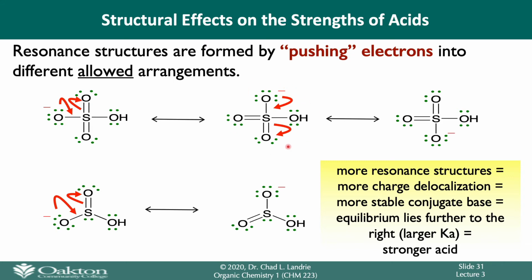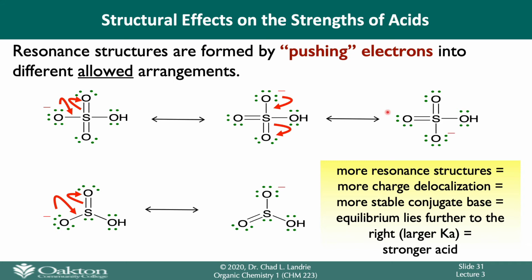Okay, and I can do this again, right? I can form a new double bond with a lone pair on oxygen to sulfur as long as another bond gets out of the way so that I don't have more than 6 bonds. And so one of these double bonds, that pair of electrons can move out to oxygen to give me the resonance structure on the right. So there are 3 obvious resonance structures I can draw here.